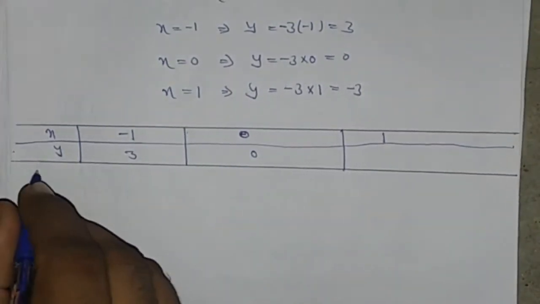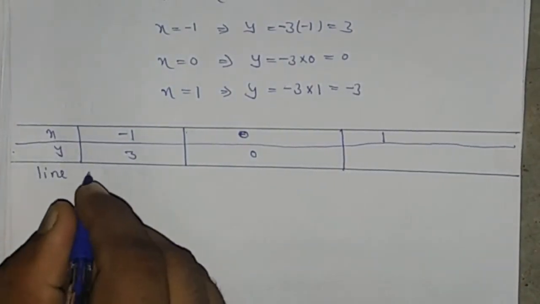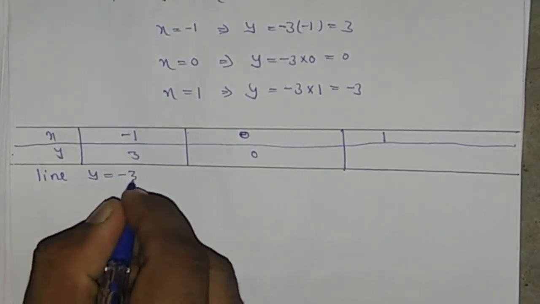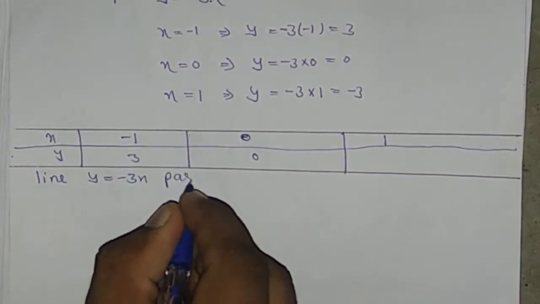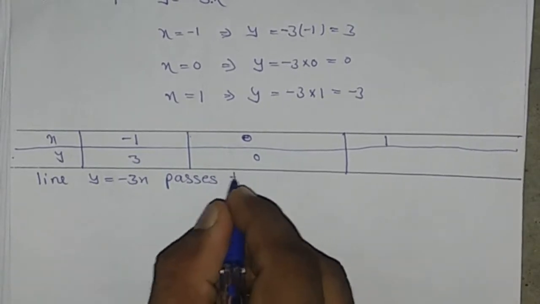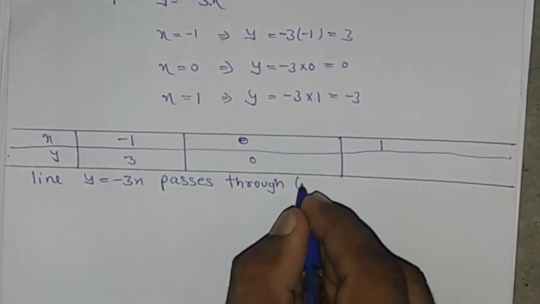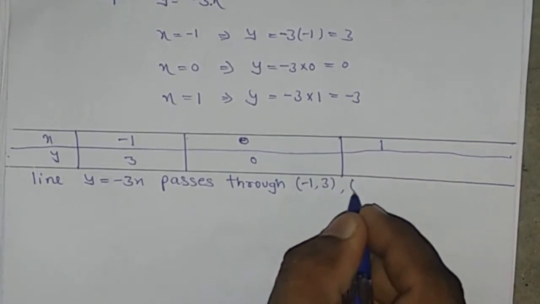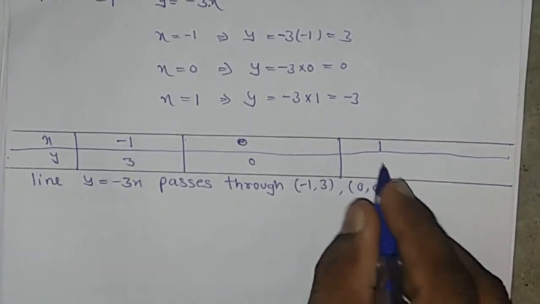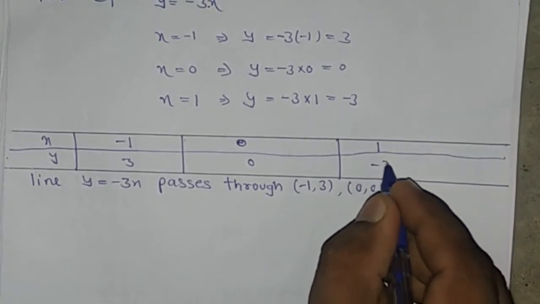Means line y equal minus 3x passes through minus 1 comma 3, 0 comma 0 and 1 comma minus 3.